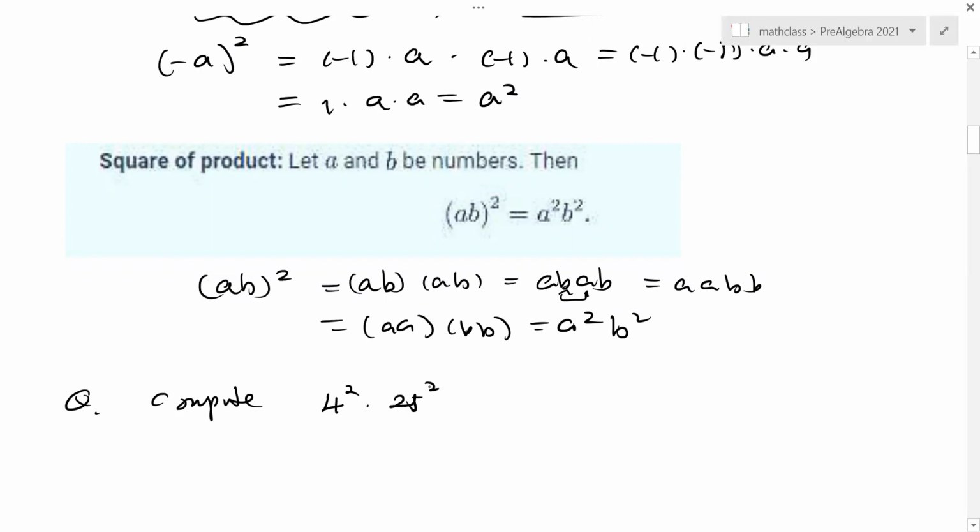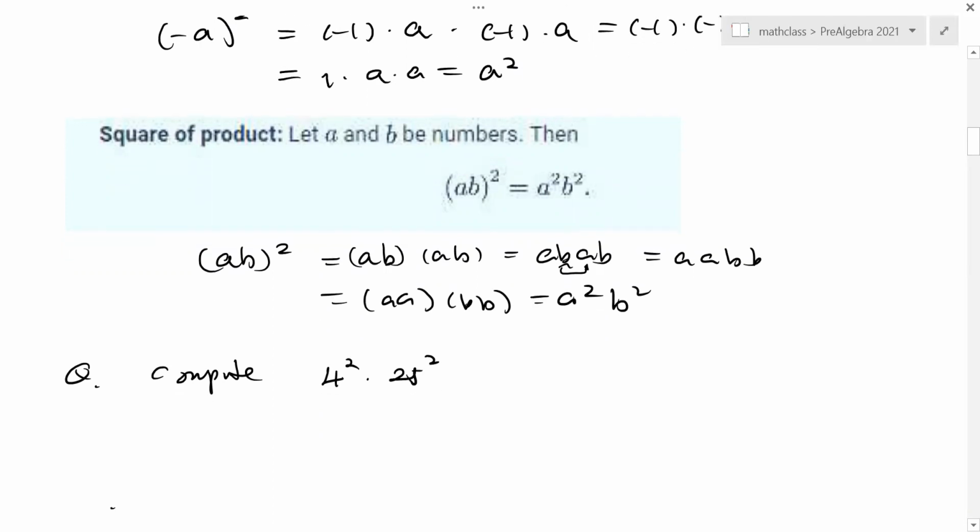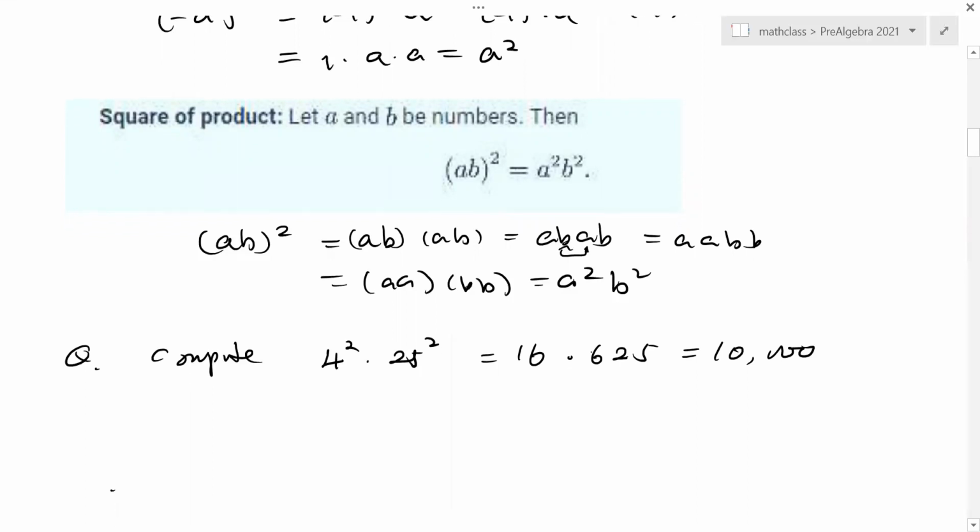When you compute this, you can do 4 squared is 16, then 25 squared is 625 using a calculator, then multiply again, 625 times 16. But that's not the best way to do it.